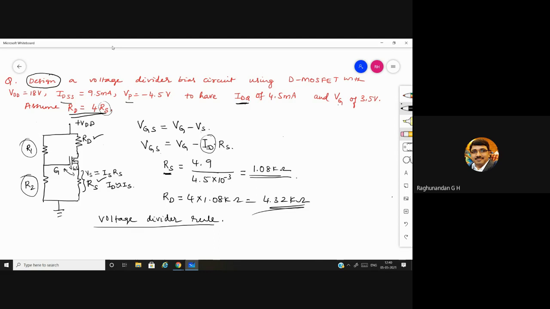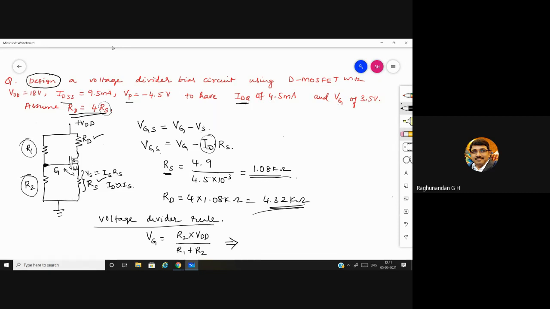According to the voltage divider rule, the voltage across this junction lies across which resistance? R2. So we can write VG is equal to R2 into VDD by R1 plus R2.